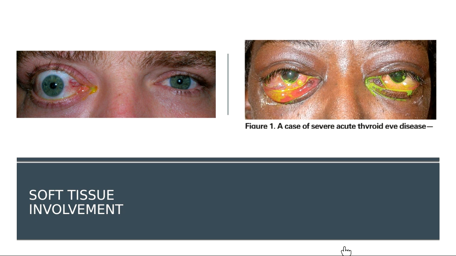Well, so what happens in thyroid eye disease? Remember, you have lid retraction, scleral show and proptosis. So what happens to the cornea in thyroid eye disease? You get exposed, right? You get something called exposure keratopathy. So why would we stain? What are we staining for in that case?